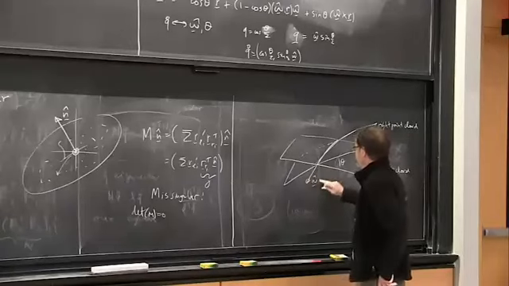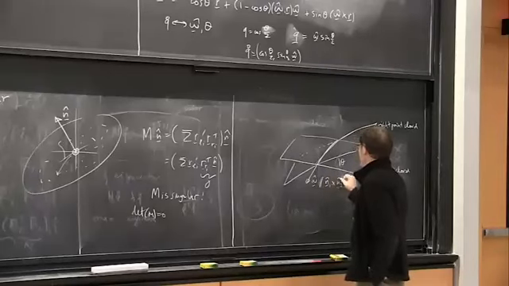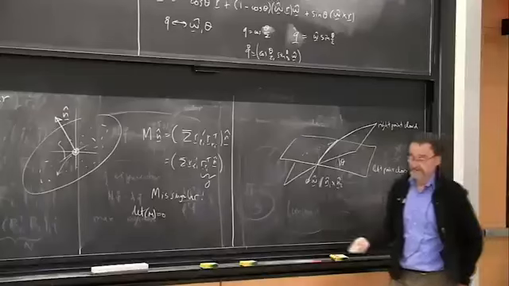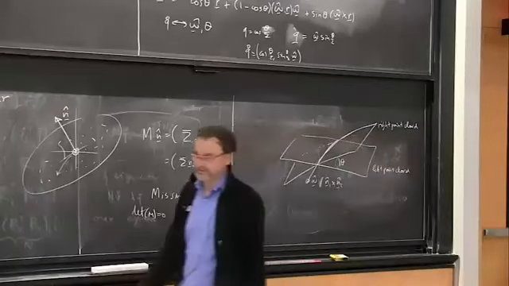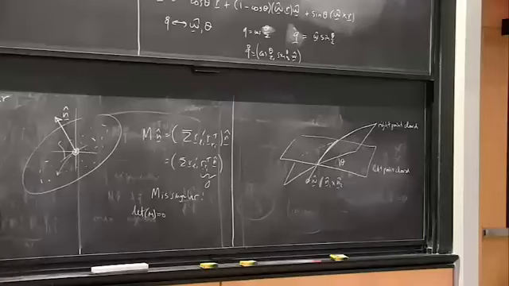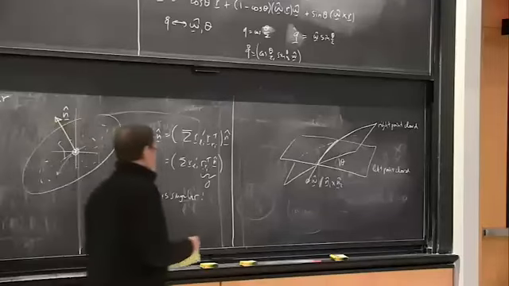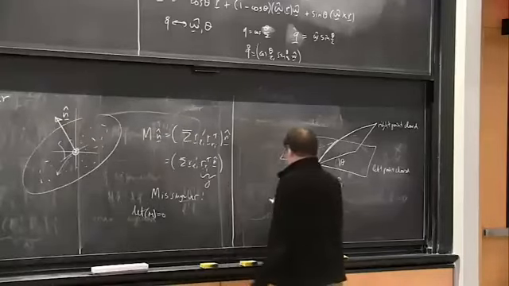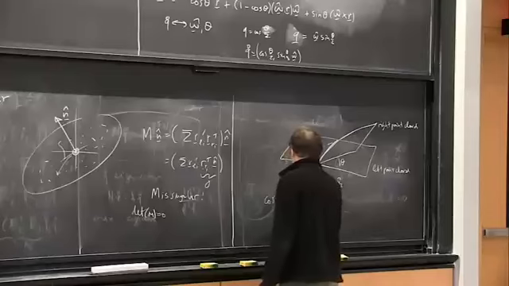And the axis is parallel to N1 cross N2. Right, if we have two planes that have normals N1 and N2, they intersect in a line which is parallel to N1 cross N2.